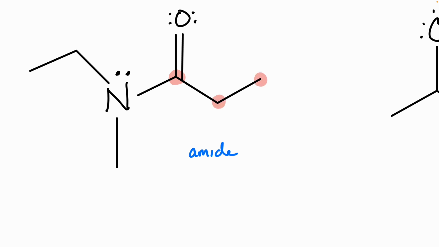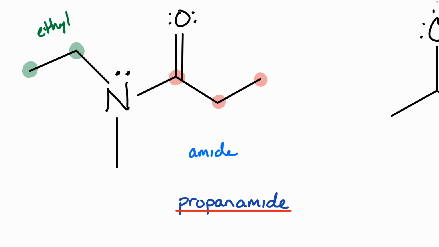All right, so my parent chain here is going to be this propanamide. But we got all these other carbons we have to account for here. We have an ethyl group located on our nitrogen and a methyl group located on that nitrogen.